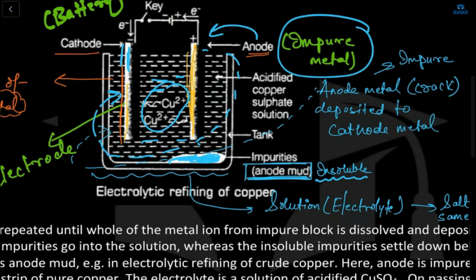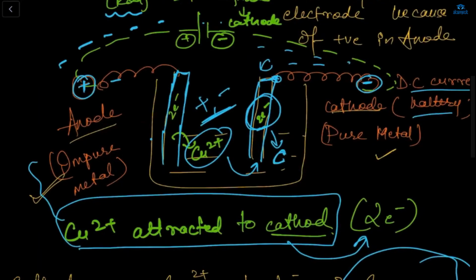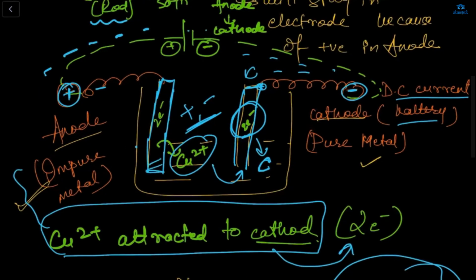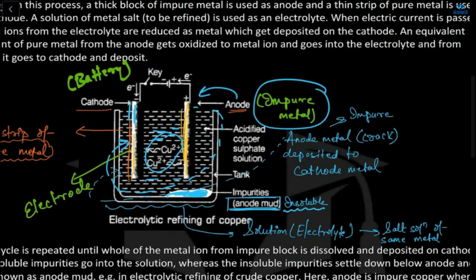From the anode side, the impure metal will get deposited on the cathode electrode. So here all the things are getting deposited on the cathode side, the 2 electrons as well as the Cu2+. Everything breaks down and gets deposited here.